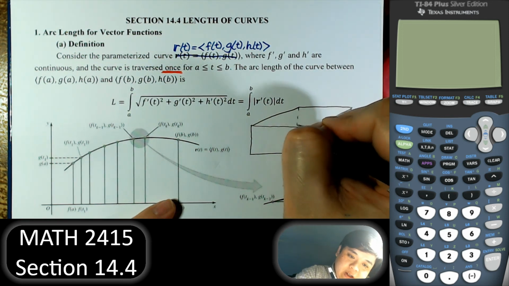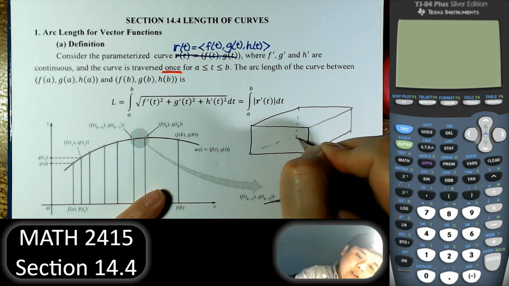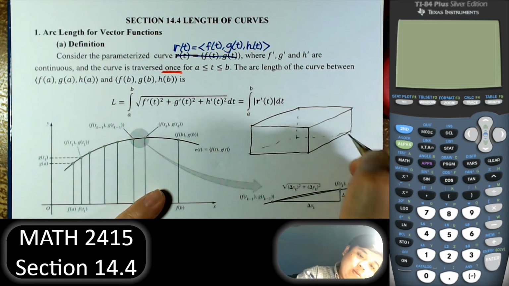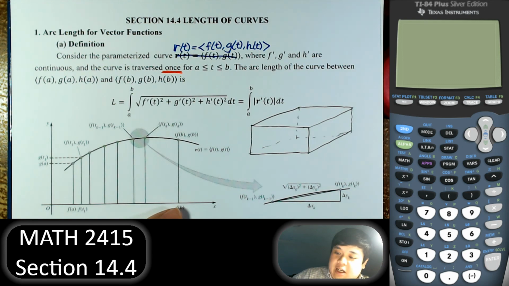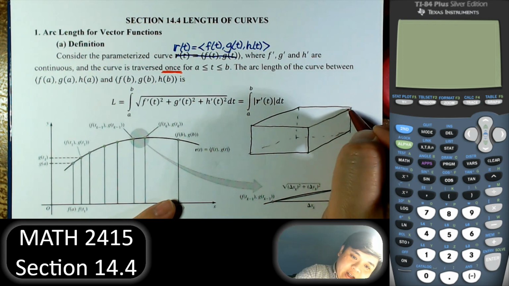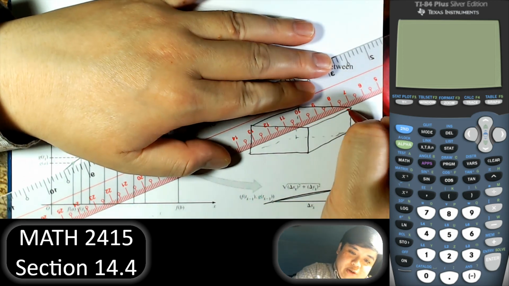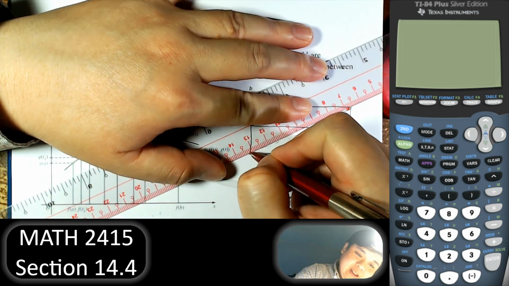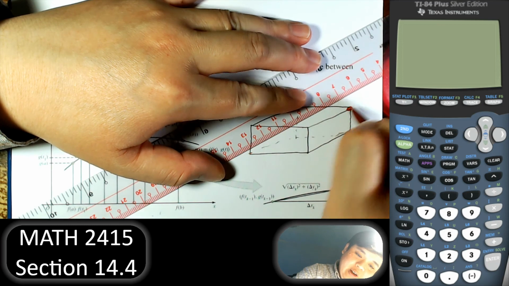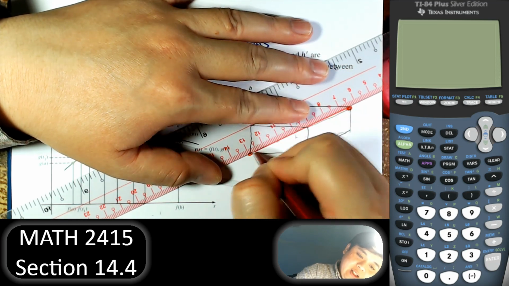Three-dimensional box. Pretty standard. And then I'm trying to find the length of the diagonal. I should have used a ruler from the beginning. Anyway.